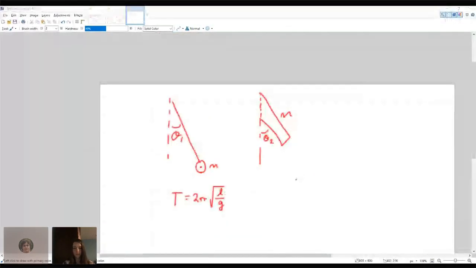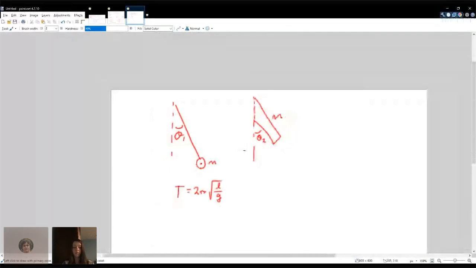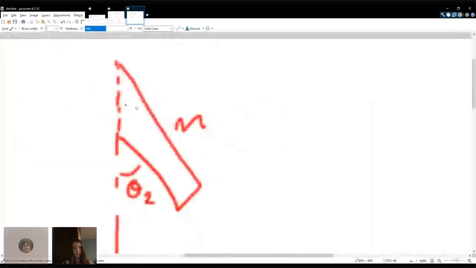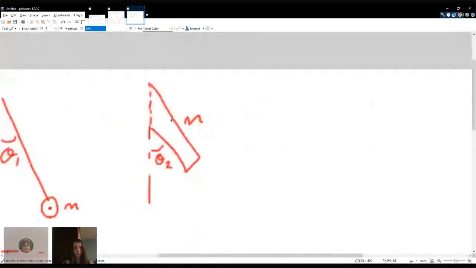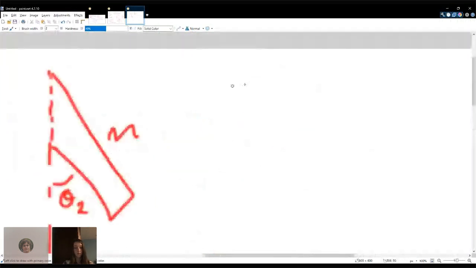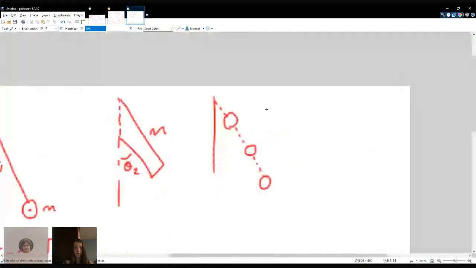That's actually not true. The easiest way to conceptualize that is you can think of this bar as a sum of a bunch of tiny little pendulums. So you could think of the bar sort of looking like this. We could split this up into 3 balls, or an infinite amount of density.